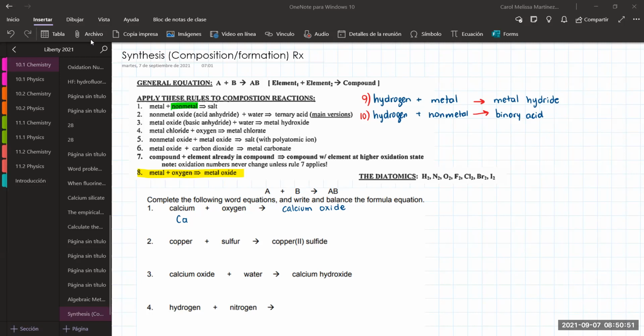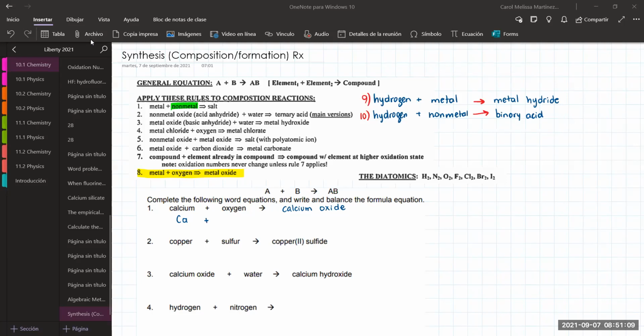Guys, is calcium a diatomic element? No, it's not. Here I have the list of the diatomics, so calcium, you can see, is not a diatomic element. Now, we just leave calcium, the symbol, and that's it.